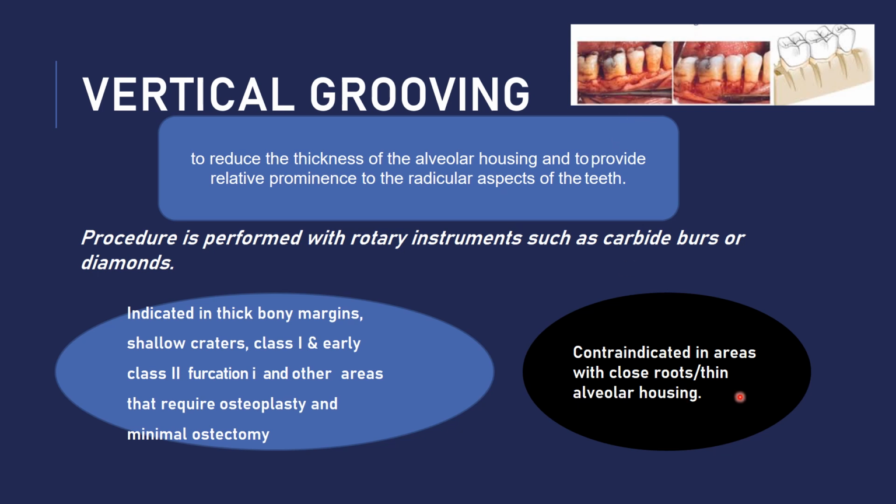This will be contraindicated in areas with close roots and thin alveolar housing. You cannot do it there. So it is for thick bony margins or shallow craters, class 1 and class 2 furcation involvements, and other areas that require just osteoplasty and not osteectomy, especially when we are doing the festooning of alveolar bone.